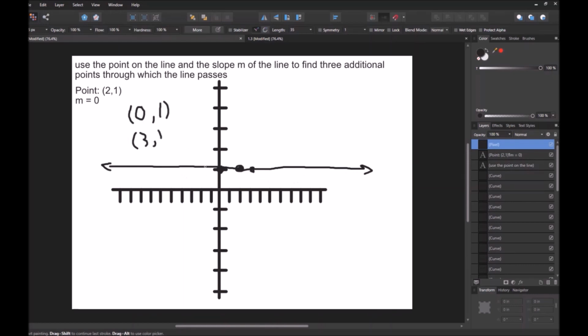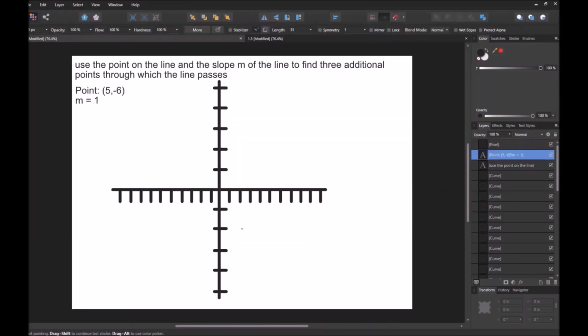And we can say this point over here, negative 1, 1. These are all viable points, but you can have basically infinitely many points that are in the correct solution set as long as they're on this line here. You could have negative 1 million, 1, or you can have positive 1 million, 1, as long as they lie on this line.